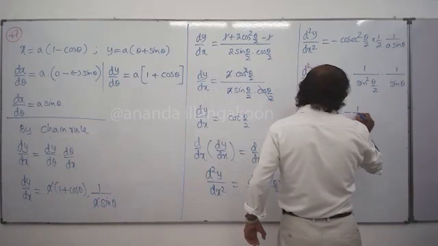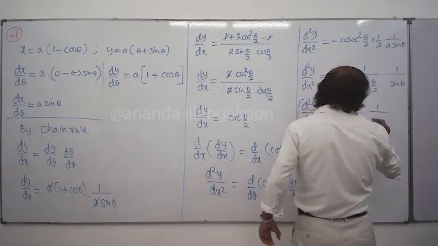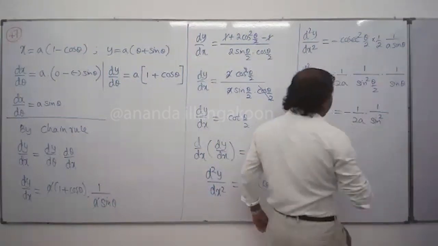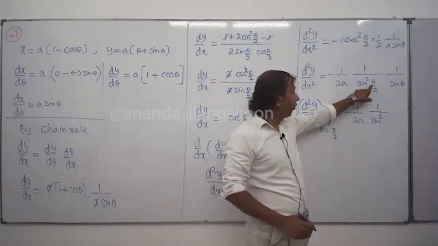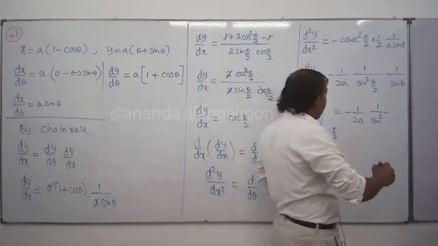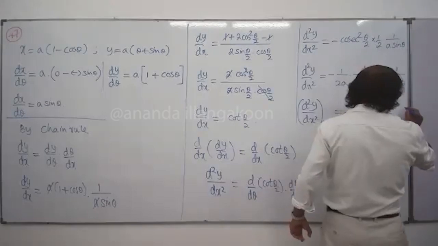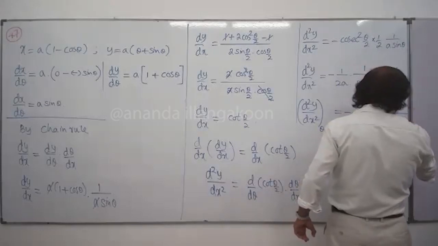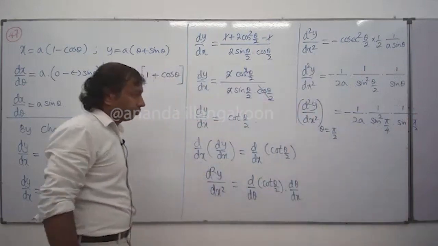Minus 1 over 2a, 1 over sine squared. Theta is pi by 2. Once you put pi by 2 here, pi by 2 divided by 2 means pi by 4. Sine squared pi by 4, into 1 over sine pi by 2, no? Theta is pi by 2, no? For theta, we substitute pi by 2.